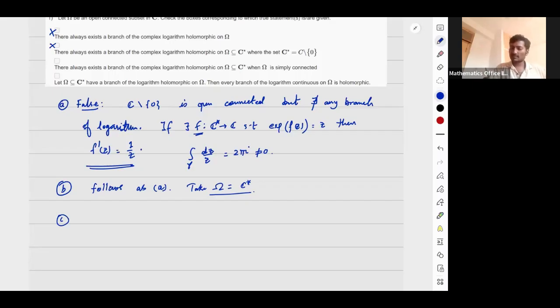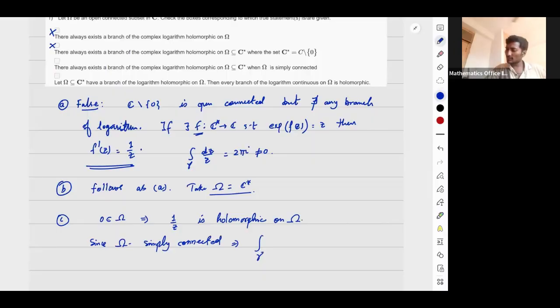So what is the trick here? 0 does not belong to omega, which implies 1 by z is holomorphic on omega, and since omega is simply connected, the integral of 1 by z dz is equal to 0 for every closed curve gamma in omega.